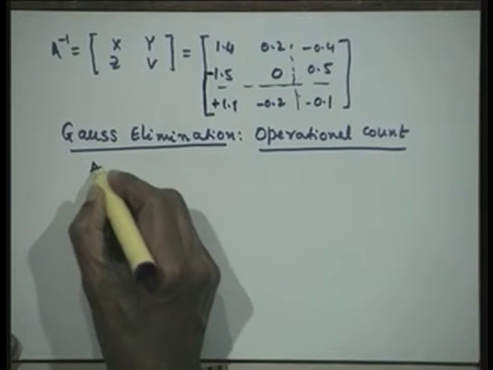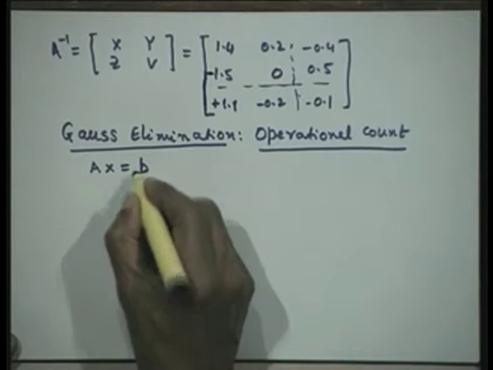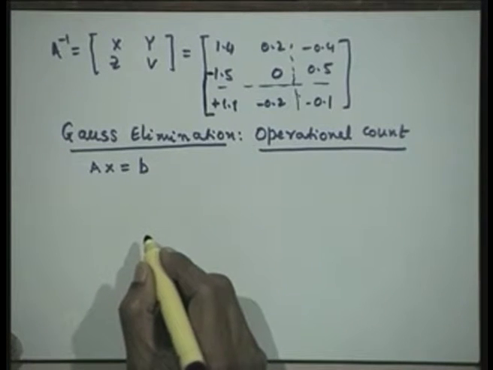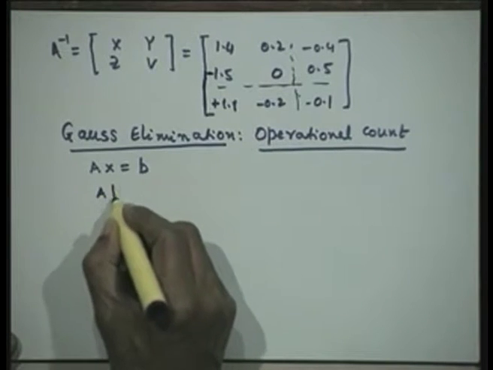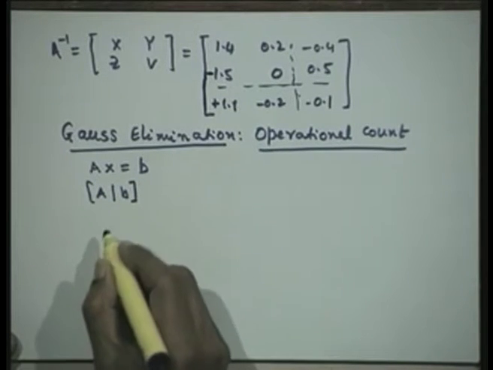Just let us remember what we have done in the Gauss elimination. We have the system of equations Ax = b, then we have written the augmented matrix AB.